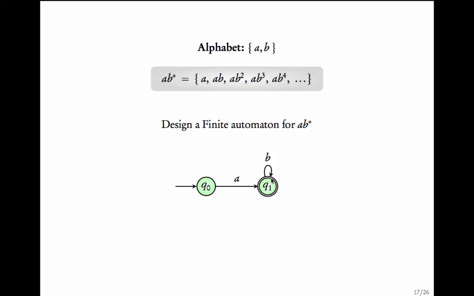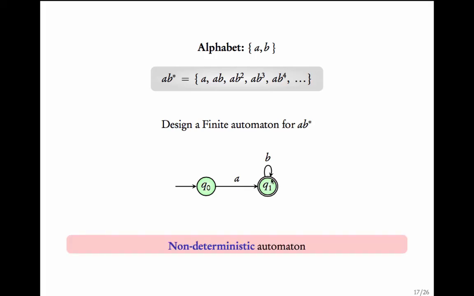Once I'm here, I can read only B. This is once again non-deterministic because we do not say what this automaton has to do at Q1 if it reads an A. We do not specify that explicitly. At Q0 on a B, we do not specify explicitly what we can do. We can just make it deterministic by adding this extra sink state, and Q0 on a B goes here, Q1 on an A goes here. But this achieves the same thing.